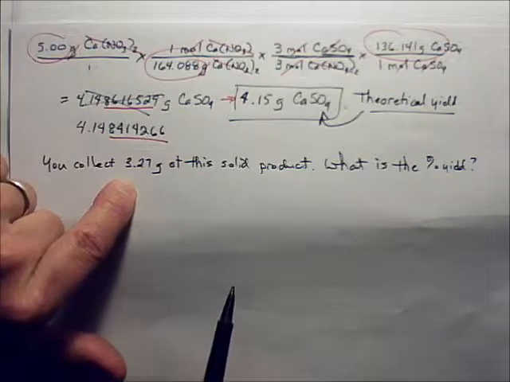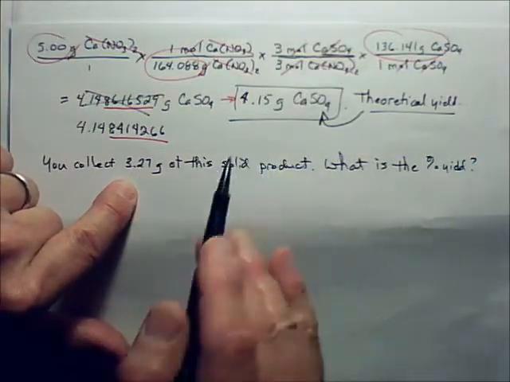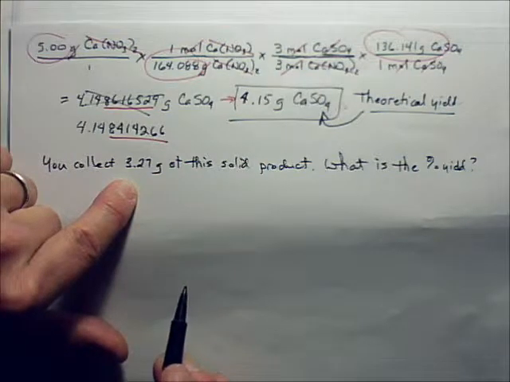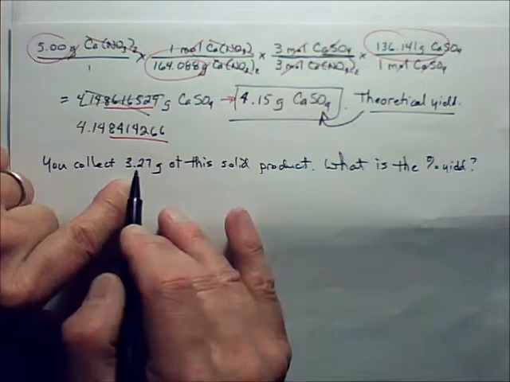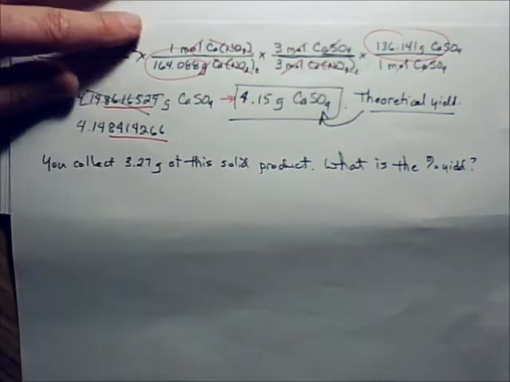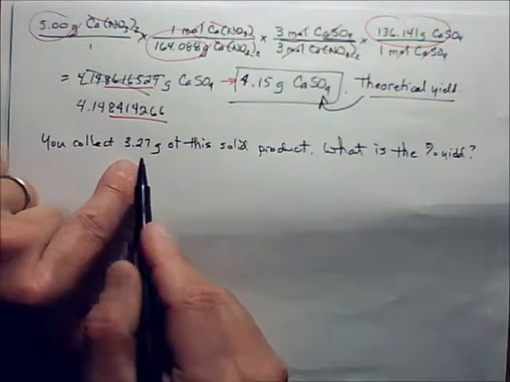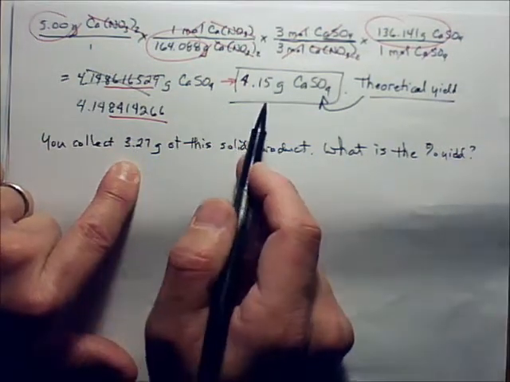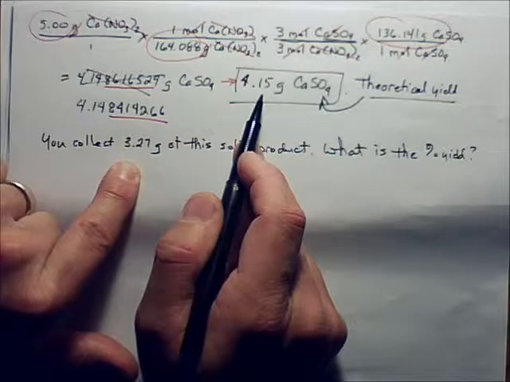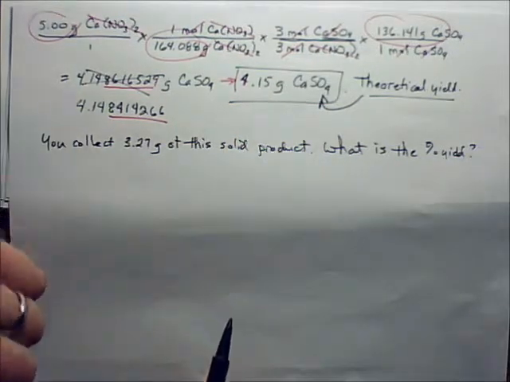Percentages are always the part over the whole times 100. So we just take this number, divide by that number, and multiply by 100. We take the actual yield, divide by the theoretical yield, take that answer and multiply by 100.